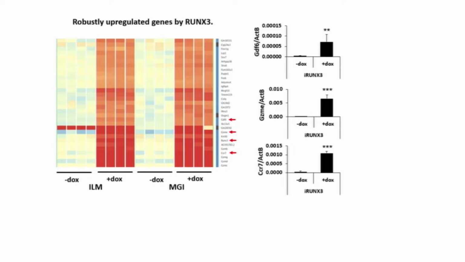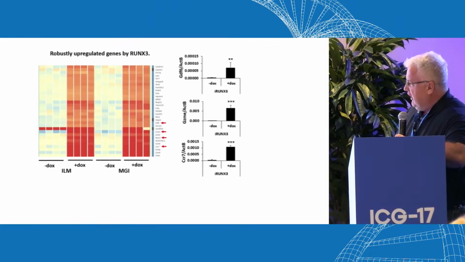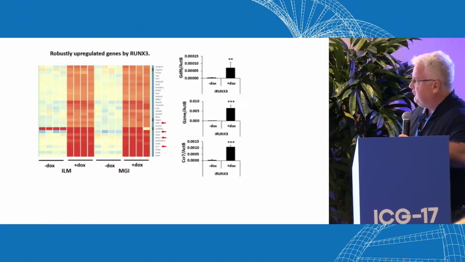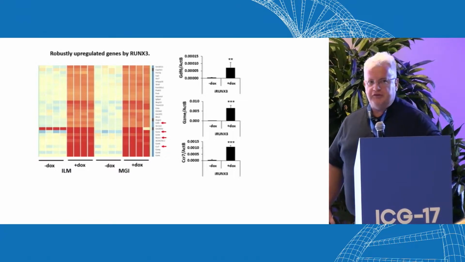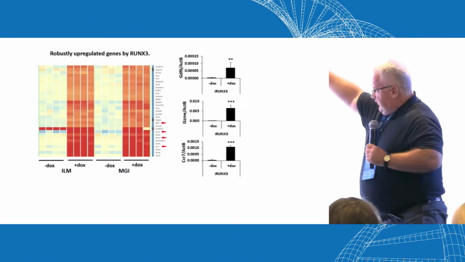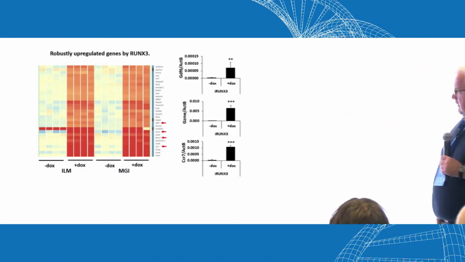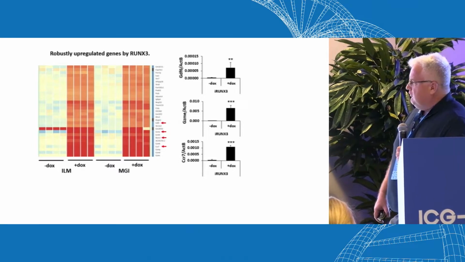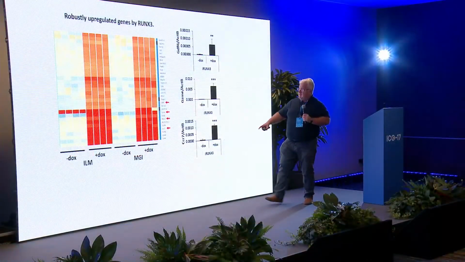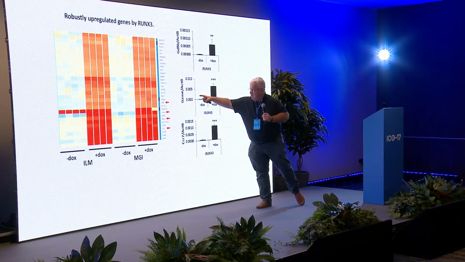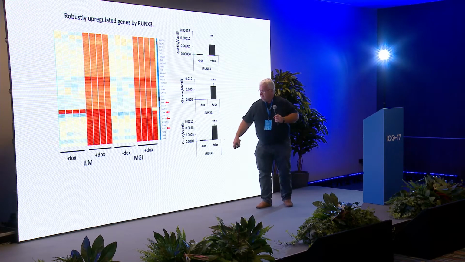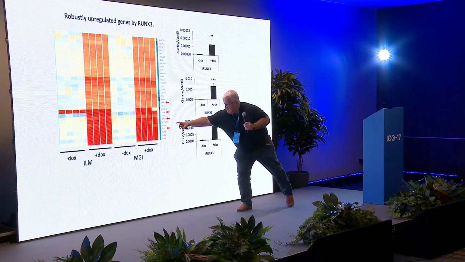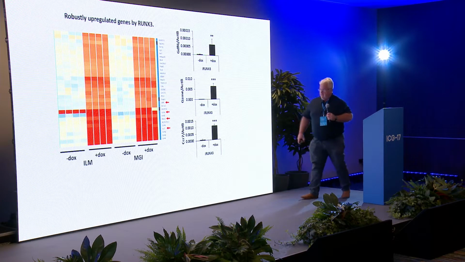In addition, we found the GDF6 and the CCR7 were highly expressed, and we confirmed these results with a quantitative PCR using independent samples. In addition, we found that members of the granzymes were highly induced. It's barely visible, but many members of the granzymes were induced.